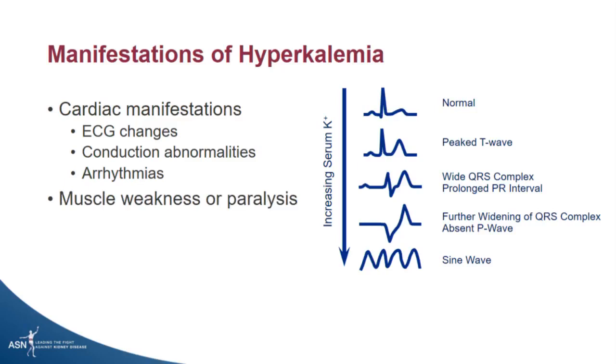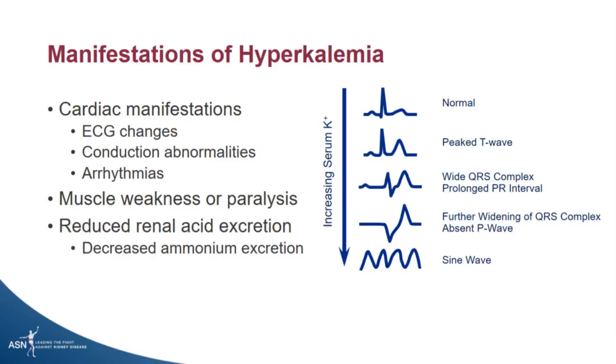Hyperkalemia is also associated with muscle weakness or paralysis, and on a chronic level, hyperkalemia results in reduced renal acid excretion as a result of decreased ammoniogenesis and excretion.